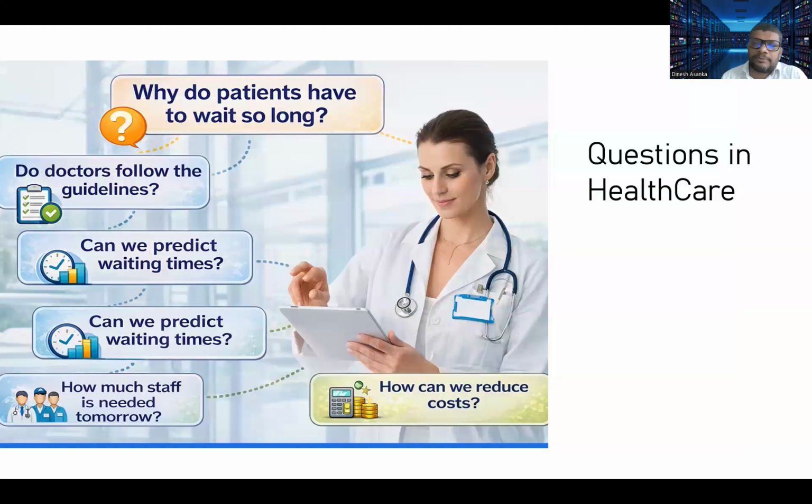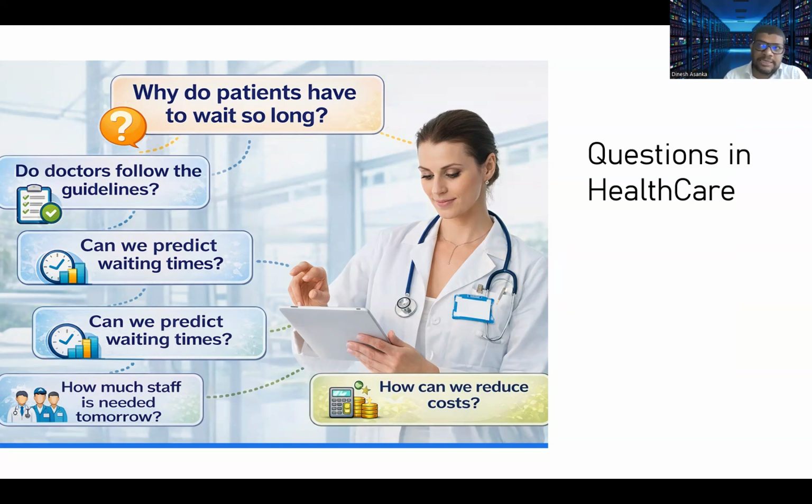Right. So this is a sample question in healthcare. Different types of analysis. Why do patients have to wait so long? Diagnostic analytics. So different types of analytics can be done here. I'll leave it to you to analyze what is descriptive, what is diagnostic, what is predictive, and what is prescriptive.